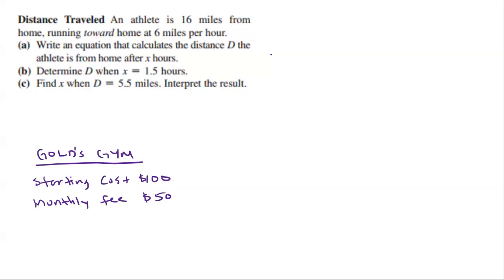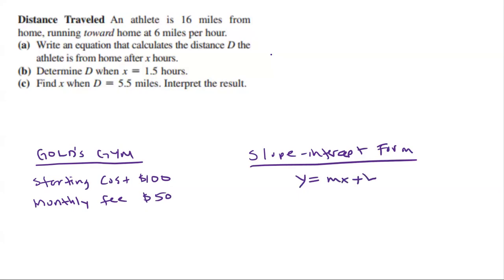Okay. So what we're dealing with here is the slope-intercept form. So remember, the slope-intercept form is y is equal to mx plus b. What was m again? Does anybody remember? Remember, that's the slope, right?